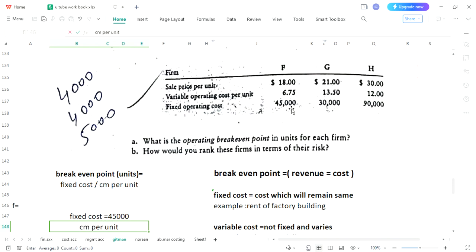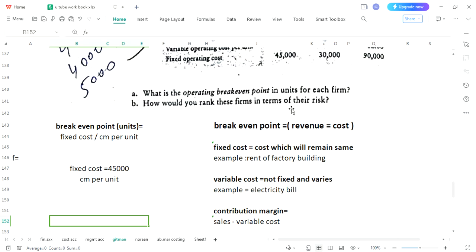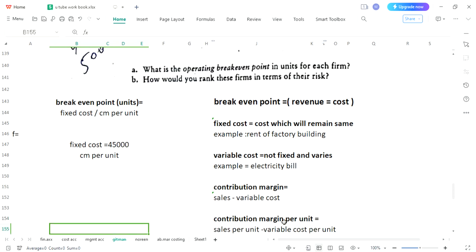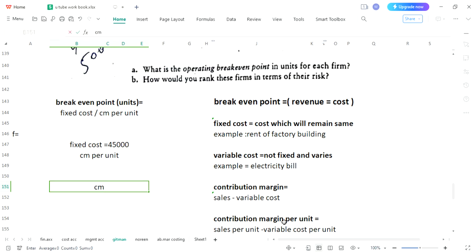For this, we need to put in a formula. Look over here, CM per unit we have calculated, and you will use the same formula over here. I'm using the abbreviation CM per unit.